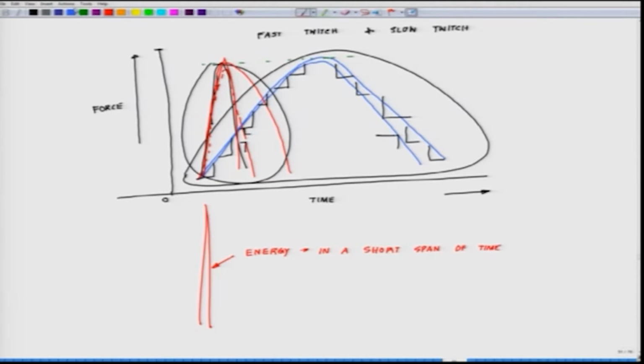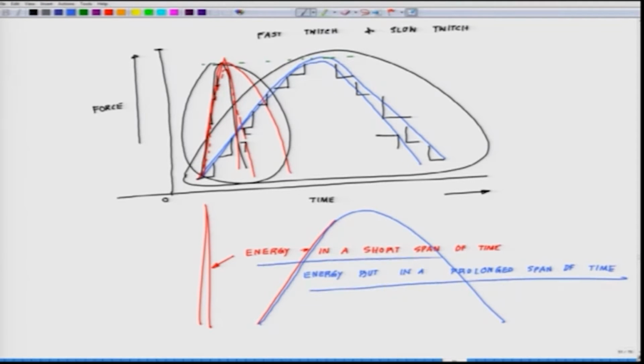Whereas, if I look at this graph, which is like this, you will need the same energy, but over a prolonged span of time. What is the significance of these two? These two lines are very, very important to realize.